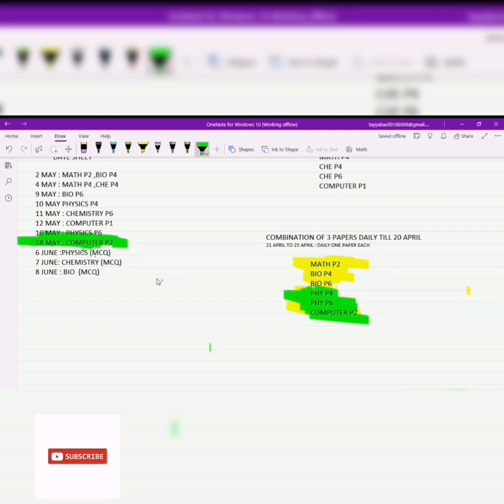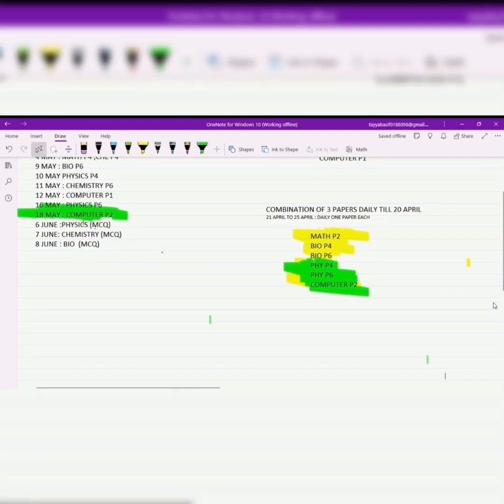At last, I want to discuss one more important thing. If you notice over here, on 20th April you will be done with these 4 papers of 5 years if you follow this technique. So the thing is, you will be left with this group 2 of the sheet.